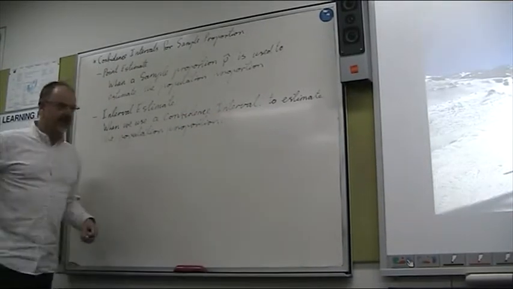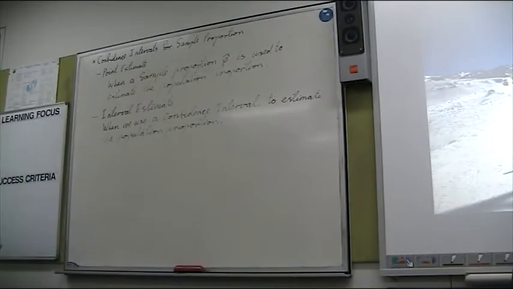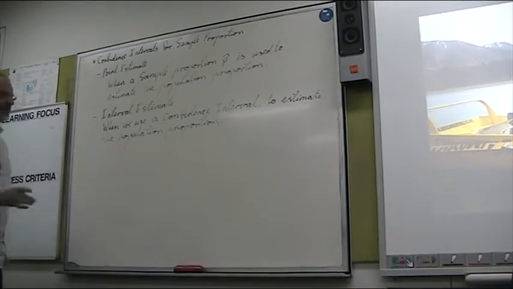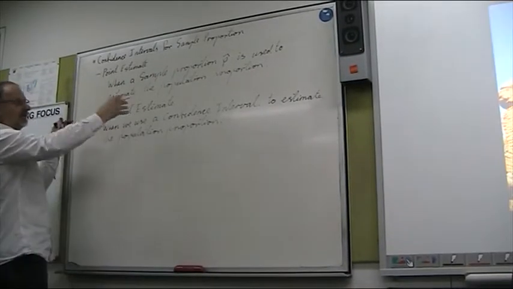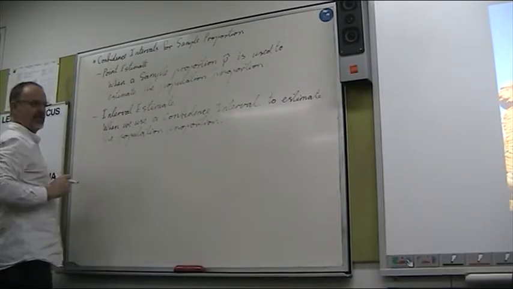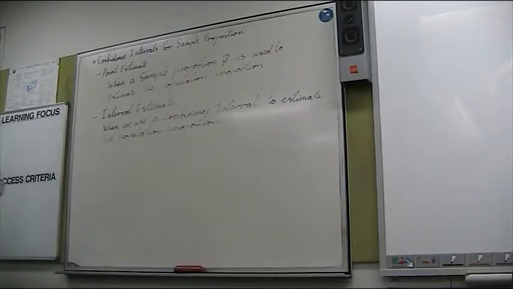Alright, so 68, 95, 99.7 is what we're talking about here. And so we're using those to come up with a range that the population proportion would be in.